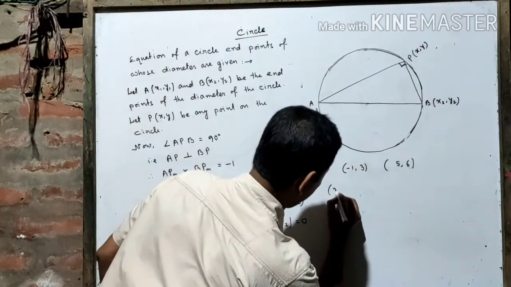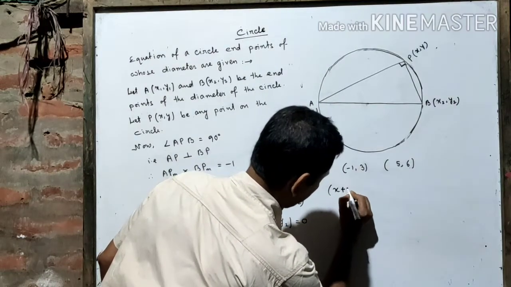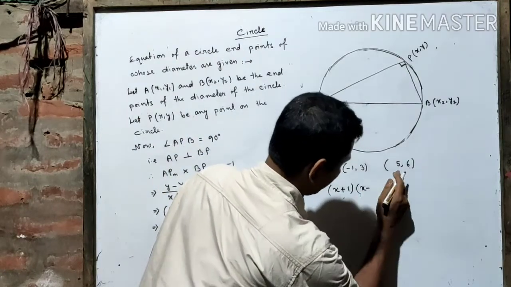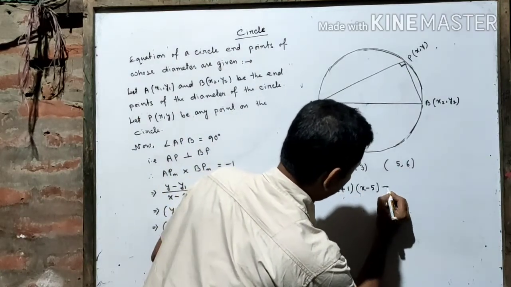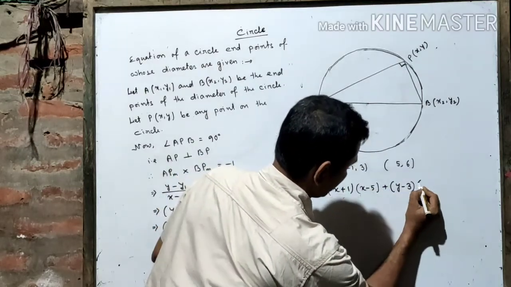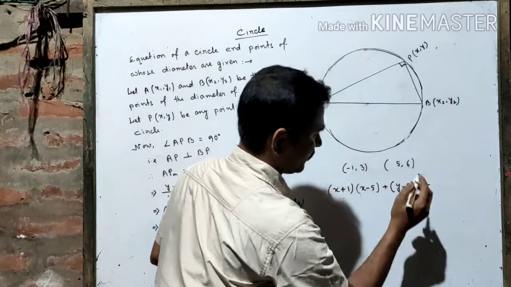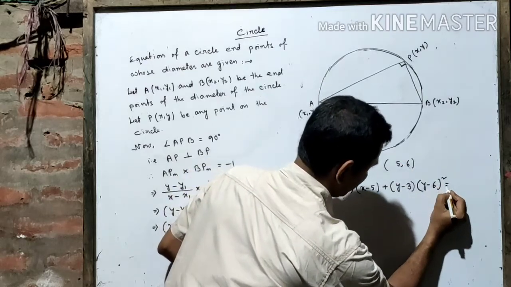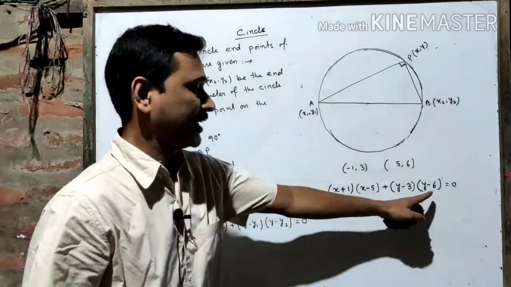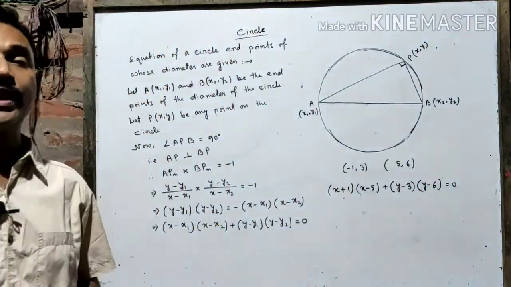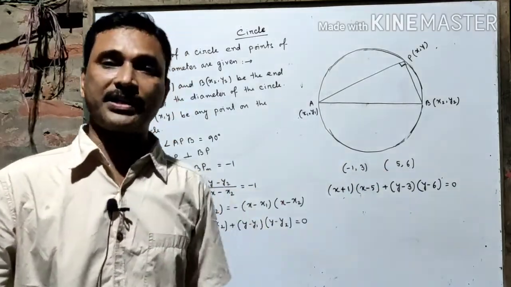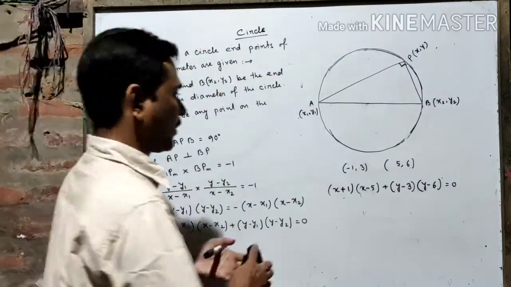So the equation will be (x minus (-1)), that is x plus 1, into (x minus 5), plus (y minus 3) into (y minus 6) equal to 0. So this will be the equation of the circle. So if the endpoints of the diameter are given, we can find the equation of the circle.